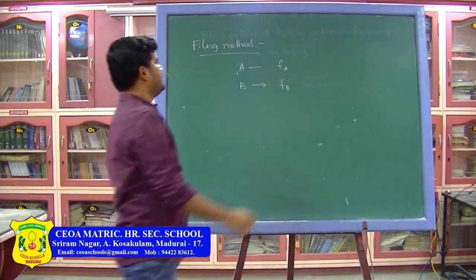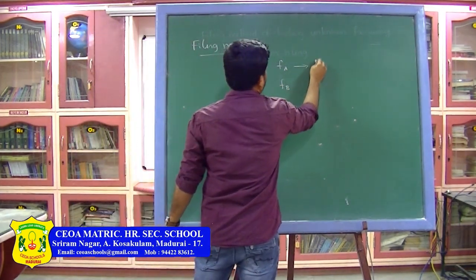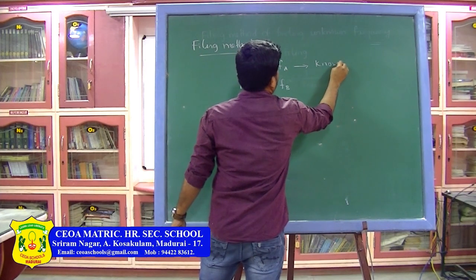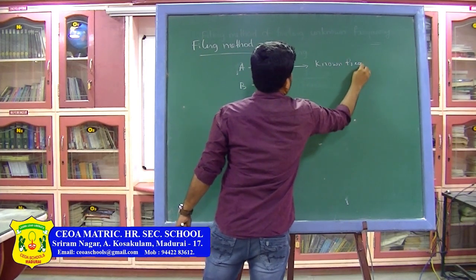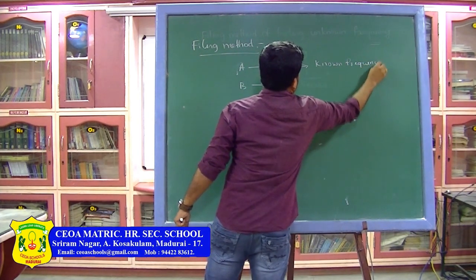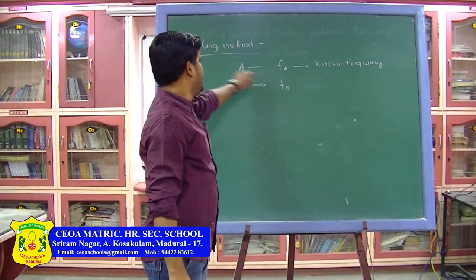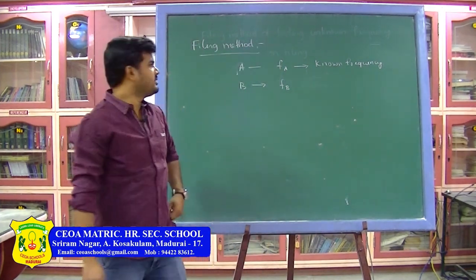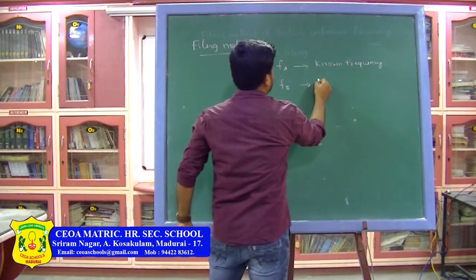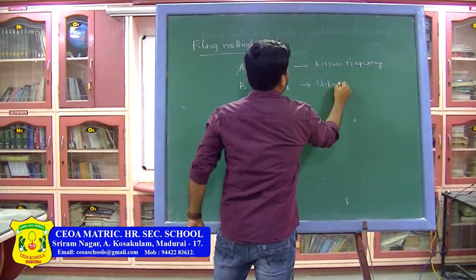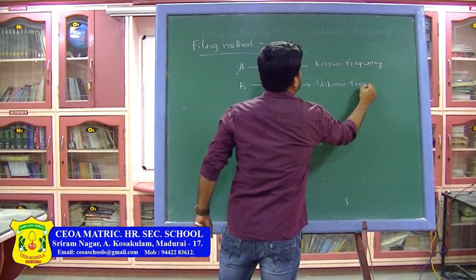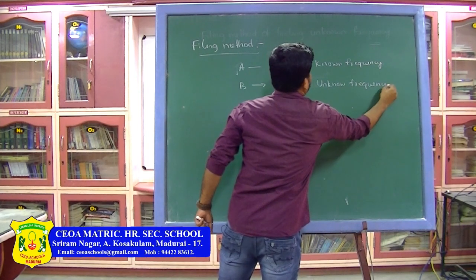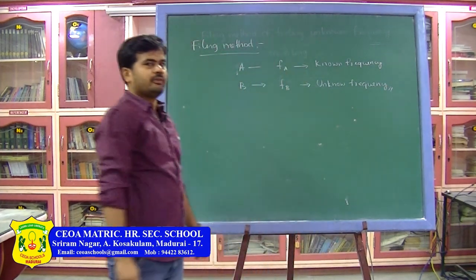Out of which, this value is a known frequency. One value will be given in the problem. So, let me take this as the given frequency and this is the unknown frequency. Like this, two tuning forks they will mention in the problem.